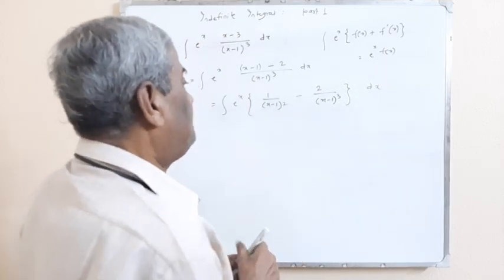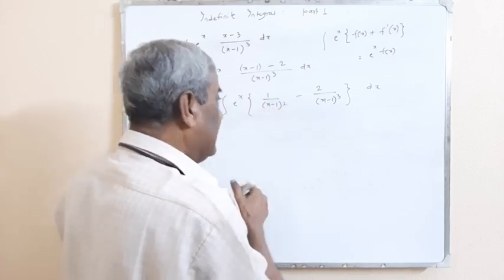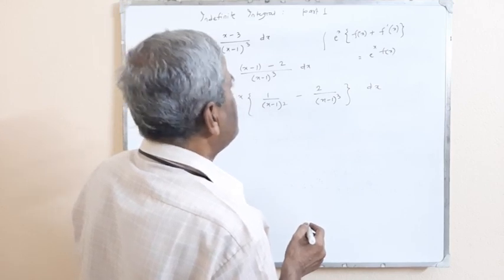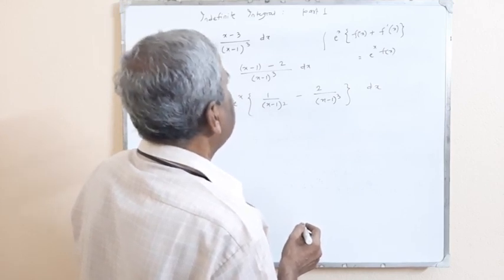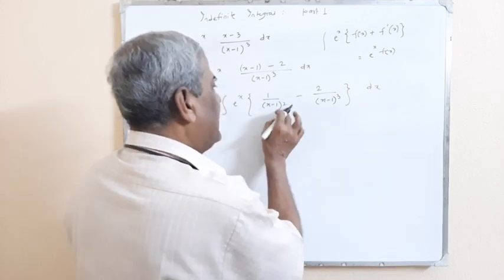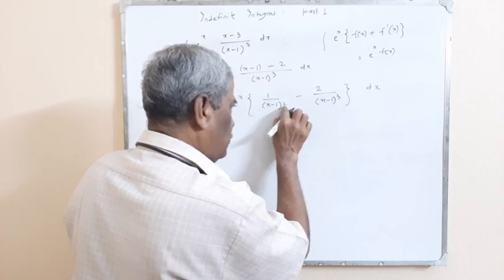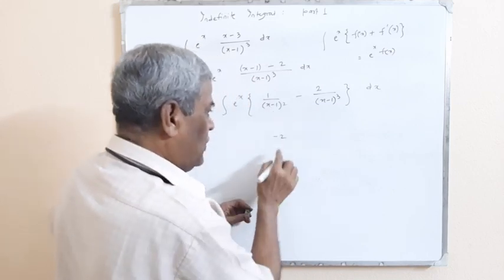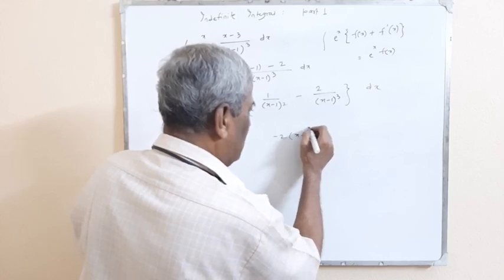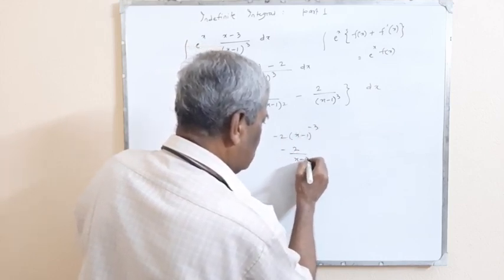Now you see, if I take this as f(x), its derivative is, its power is minus 2, in denominator it is 2, minus 2 into (x minus 1) to the power minus 3, that is minus 2 by (x minus 1) whole cube.